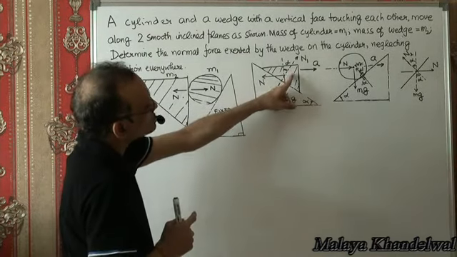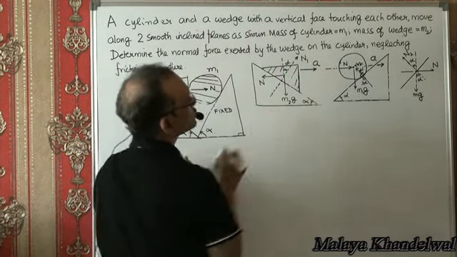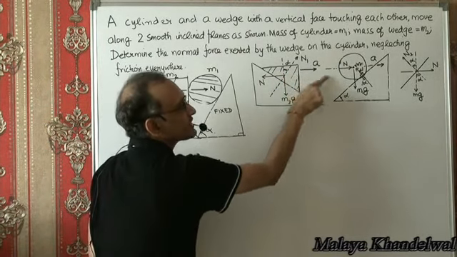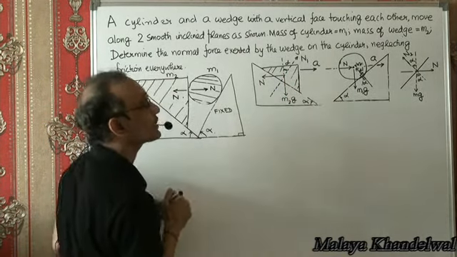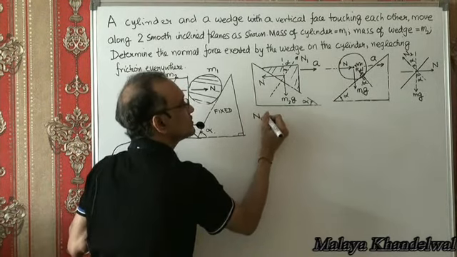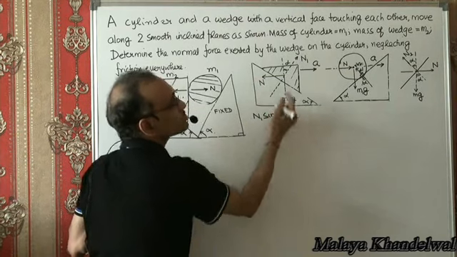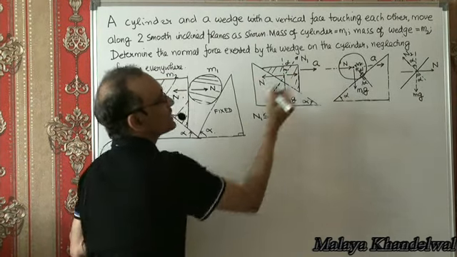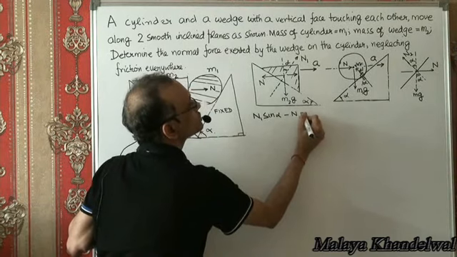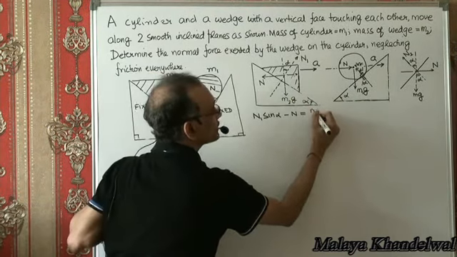Now, if you think about the wedge, mass m2, what are the forces that will cause the wedge to have an acceleration in this direction? Okay, there is N1 sine alpha, as you can see, the component of N1 in this direction. N1 sine alpha minus N must be equal to m2 into A, right?